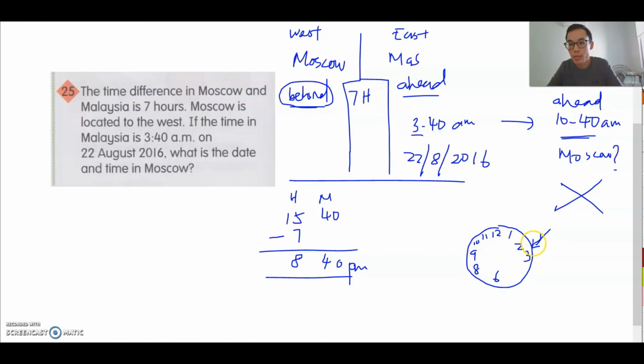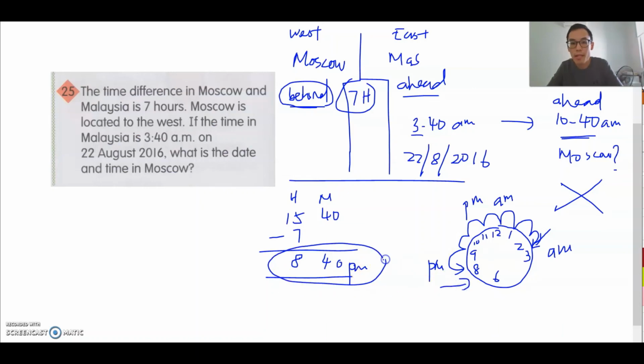Let's move from 3 o'clock. 1, 2, 3, 4, 5, 6, 7. We move 7 hours because the time difference is 7 hours. Now the time in Malaysia was AM. Until 12 is AM, and then when you go before that, it becomes PM already. So this is 8:40 PM in Moscow.